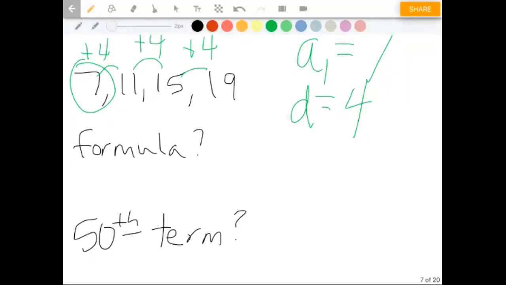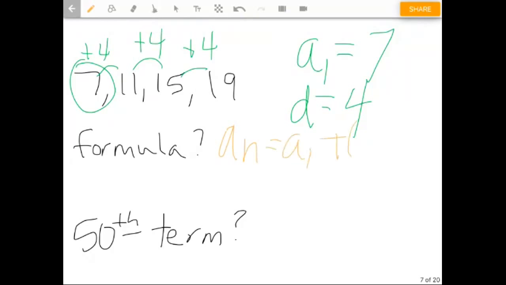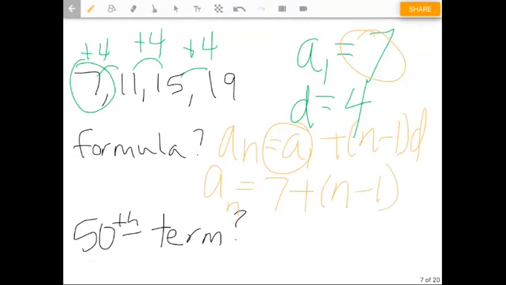All right, welcome back. Our formula is a sub n equals a sub 1 plus n minus 1 times d. So a sub n equals the first term, which is 7, plus n minus 1, times our difference, 4.